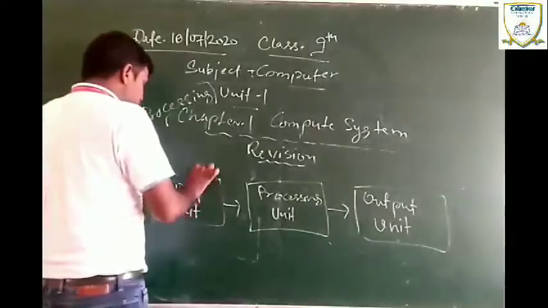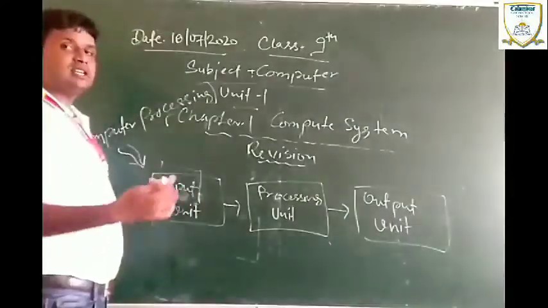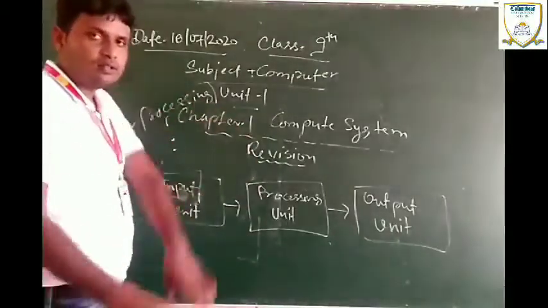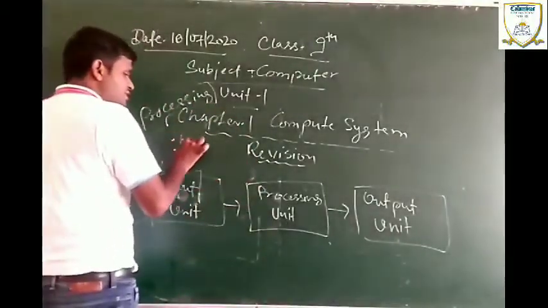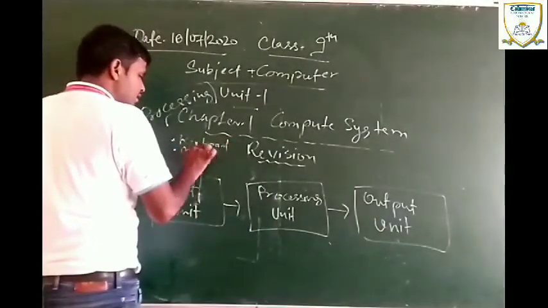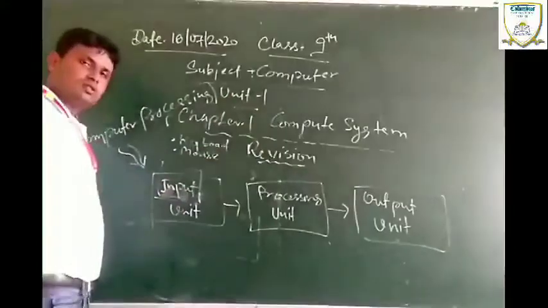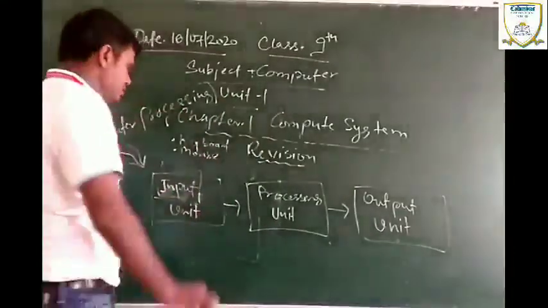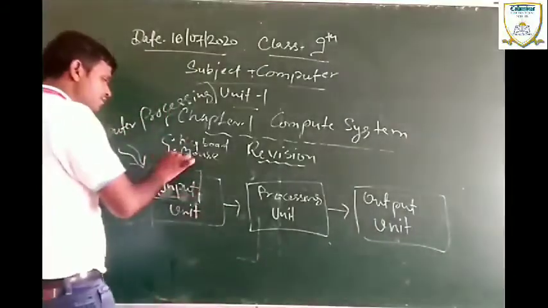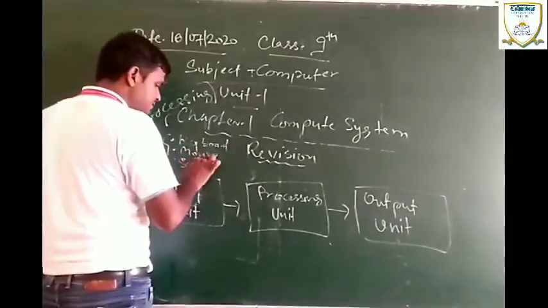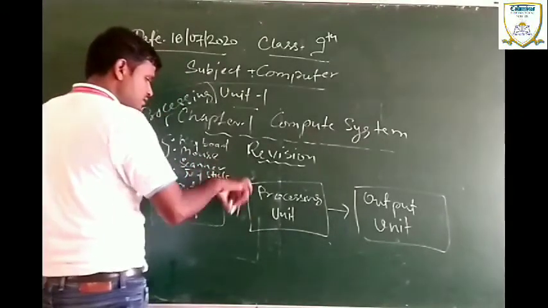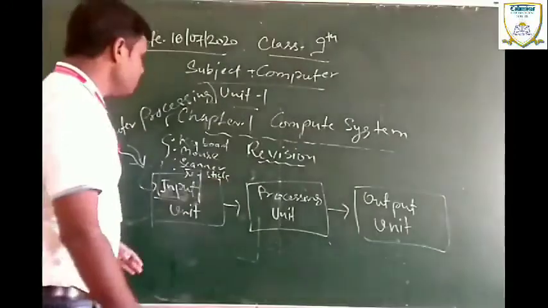First explanation, input. What is inputting? As you know, the two standard input devices are the keyboard and the mouse. These are two standard devices for inputting. And some others are the scanner and joystick.